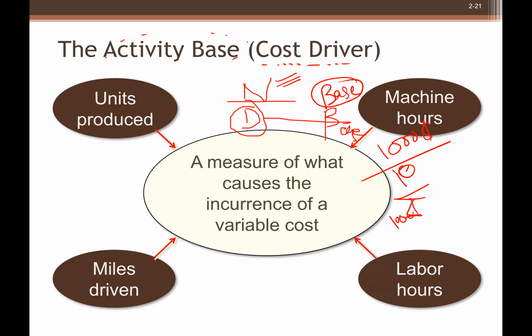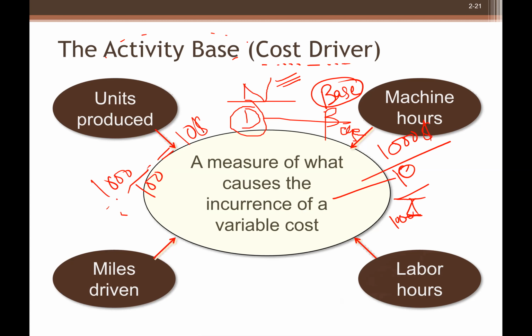Now the question is, it can be related to products. We paid 1,000, and he produced 100 units of products. The answer is then we paid, product-wise, $100 per product.